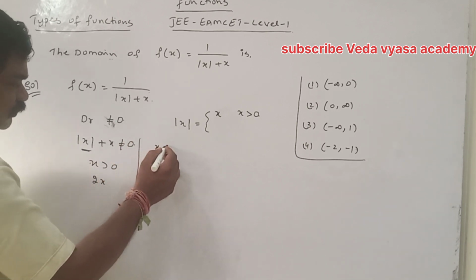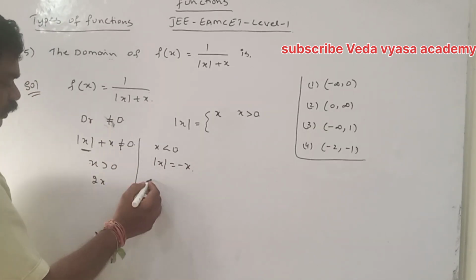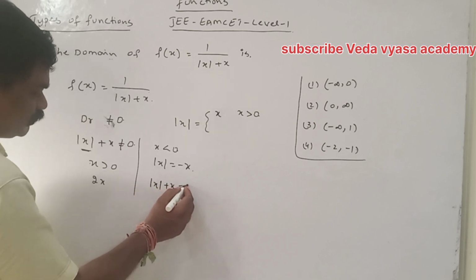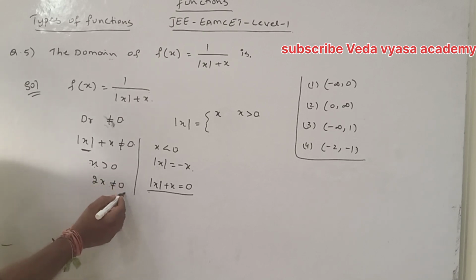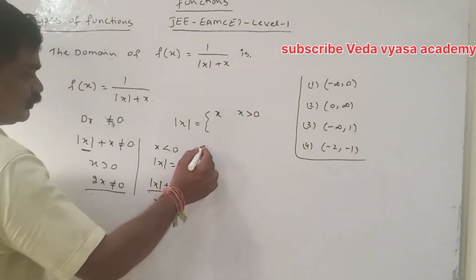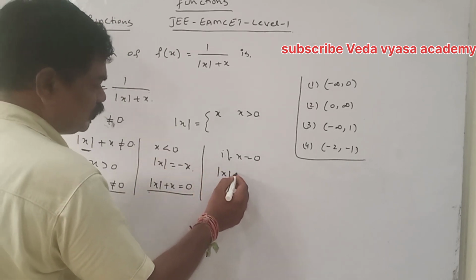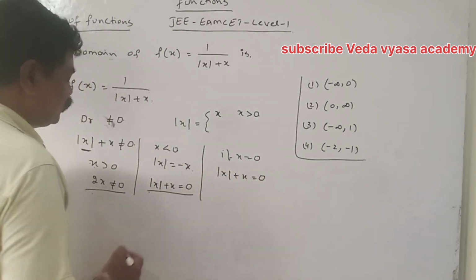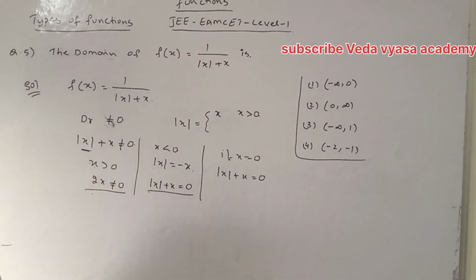If x less than 0, mod x is equal to minus x, so mod x plus x equals 0. If x is equal to 0, then mod x plus x equals 0. But we want mod x plus x not equal to 0.